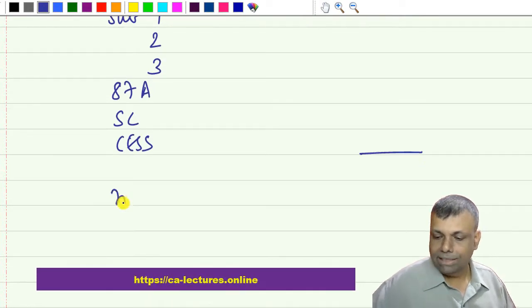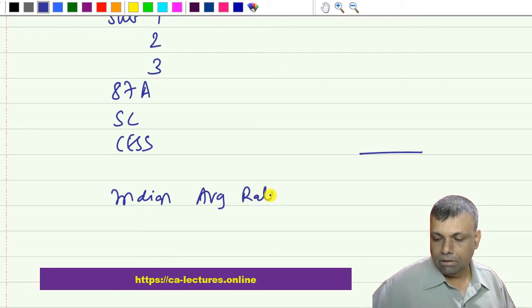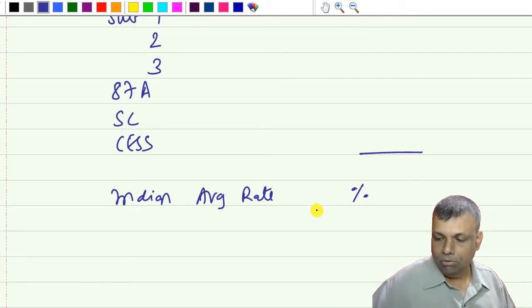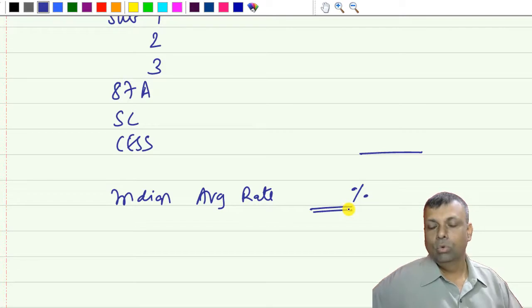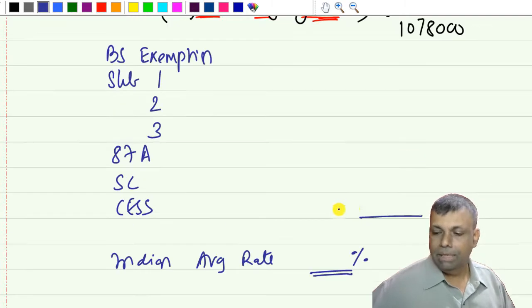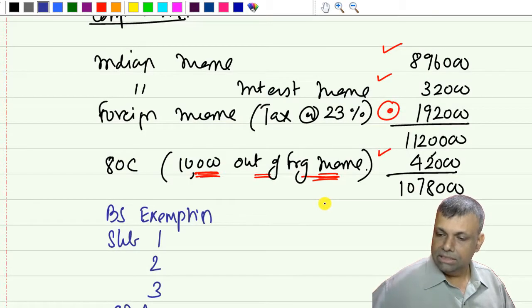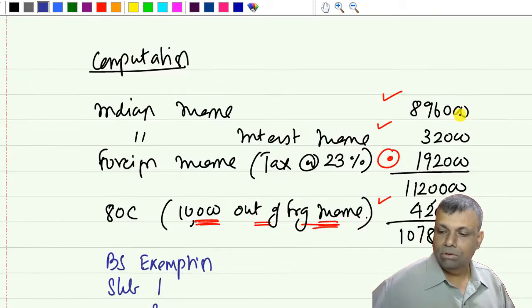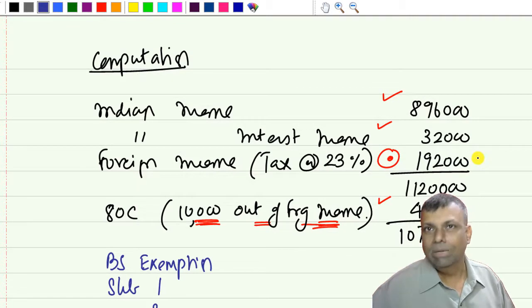Then, the moment you get the tax liability, you will get an Indian average rate. You only want this now, because you don't want to do that section 91 kind of Indian rate, foreign rate, which is not required to be done. This Indian rate will be multiplied, because of this 1,92,000 it will be higher. Logically it will be higher, because the higher the income, the higher the average rate.